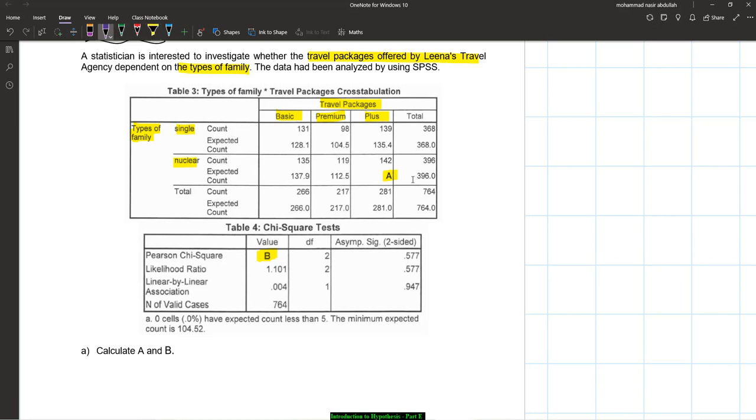To compute the value of A is very easy. A is an expected count. The expected count for A is the row total, 396, multiplied by the column total, 281, divided by the grand total, 764.